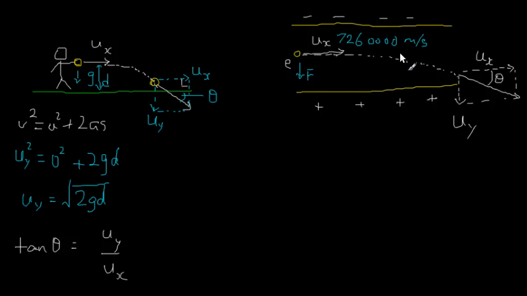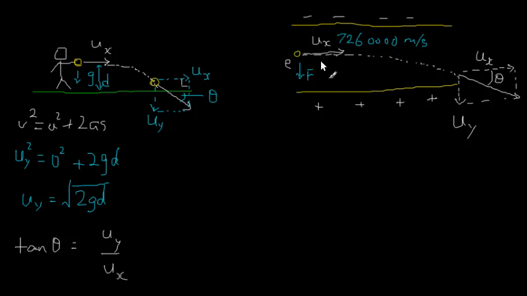I just made up this number. It is actually 10 times bigger than the speed that I calculated in the last video for when the electron moves vertically from the top to the bottom plate. But for now, I just take this as an example speed of the electron.